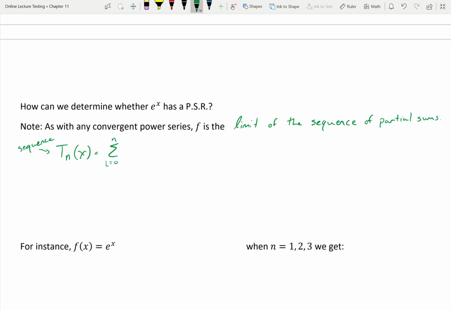So this is just talking about a partial sum, all right, of f sub i of a divided by i factorial times x minus a to the i, is equal to f of a plus f prime of a over 1 factorial times x minus a, all the way up to the nth term.